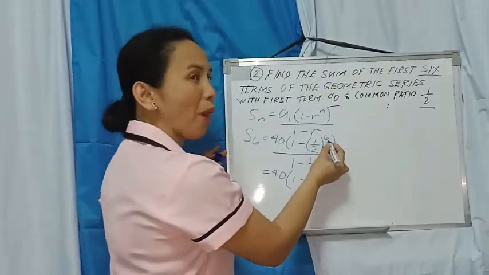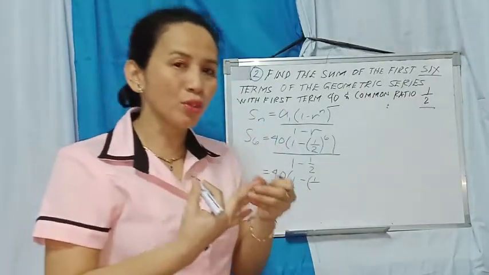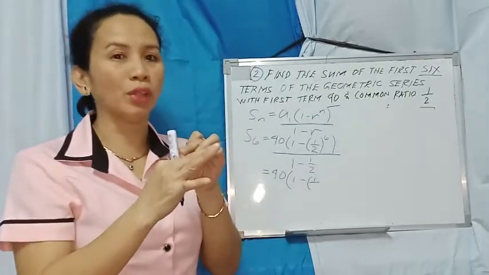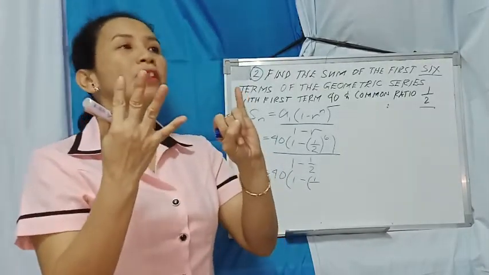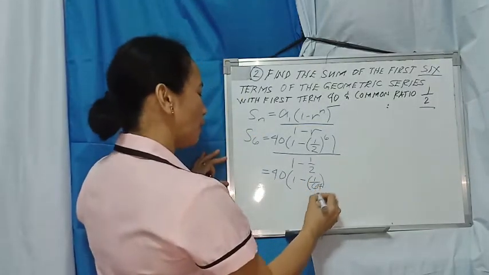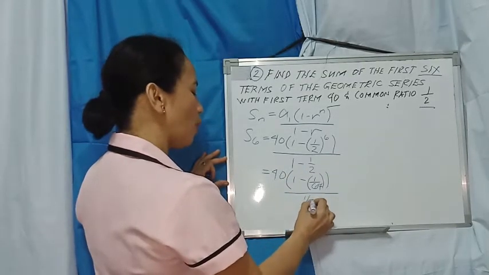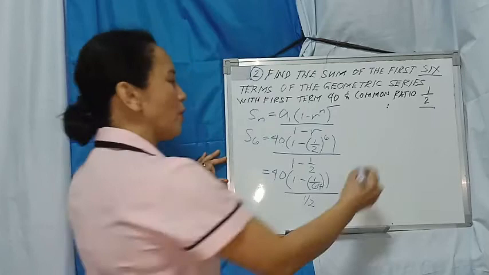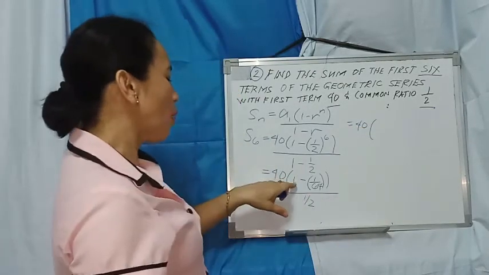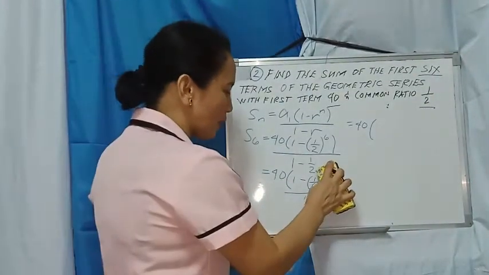Then 2 to the 6th power, again, 2 times 2, 4, times 2, 8, times 2, 16, times 2, 32, times 2, 64. Okay, over 64. Then, all over 1 minus 1 half is 1 half. Then we have here 40. Then copy 1 minus, okay, we can erase here the parentheses now.